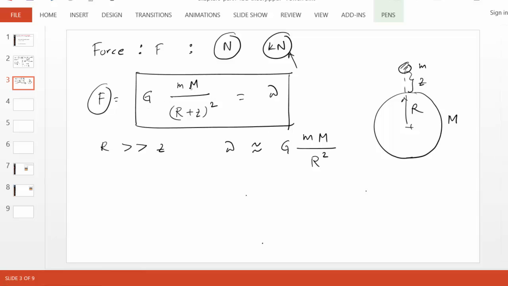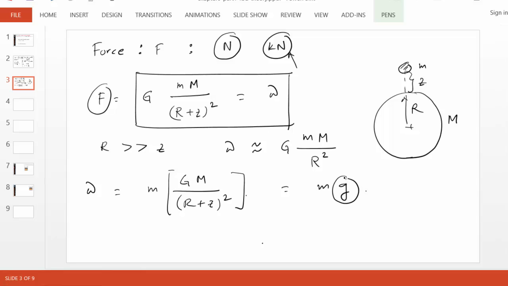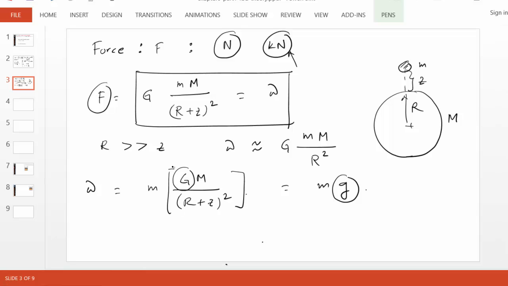So this constant, suppose we express W as m times G M over (R plus Z) square, then this part is what we can substitute by a new symbol. So that's our small g that we are familiar with in engineering. Physicists probably are more familiar with the gravitational constant.